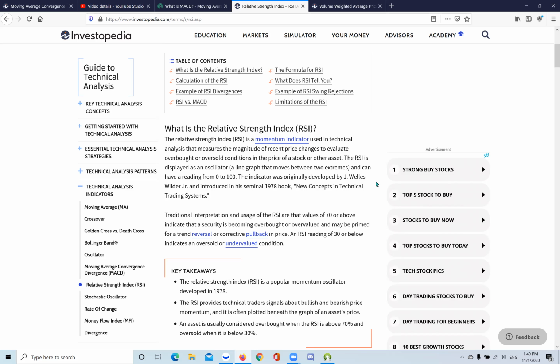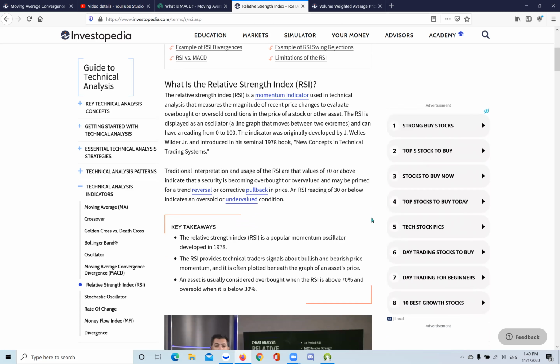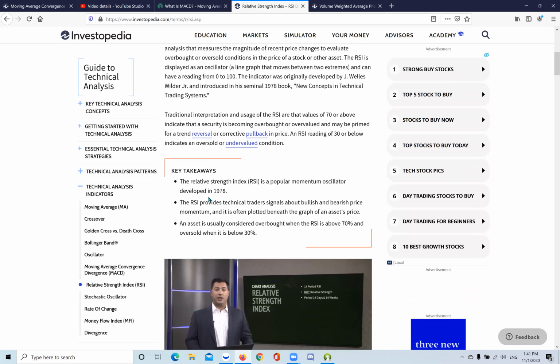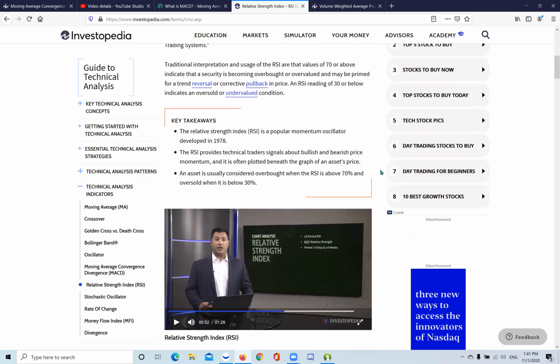An RSI reading of 30 or below indicates an oversold or undervalued condition. That's what I use for the buy signal. Over 70 for the selling signal. Key takeaway: the relative strength index (RSI) is a popular momentum oscillator developed in 1978.